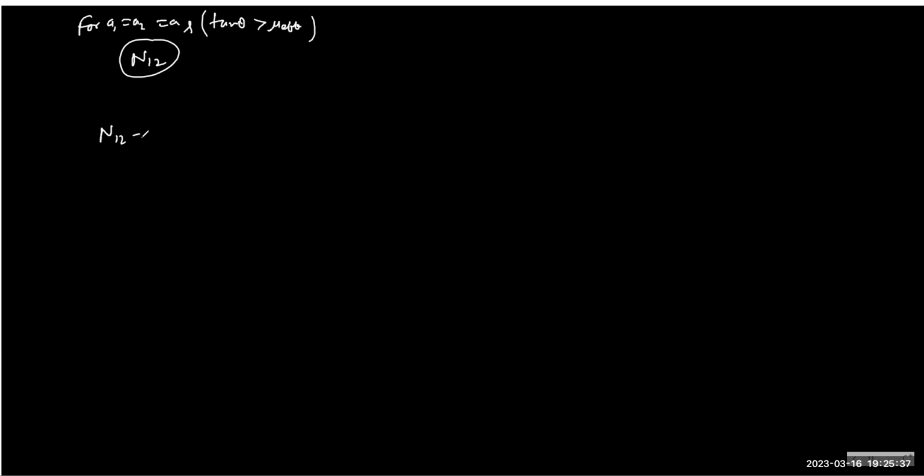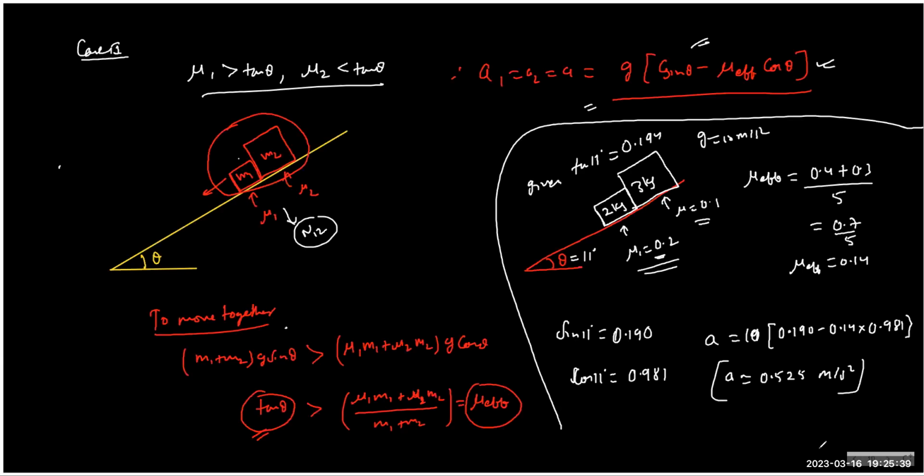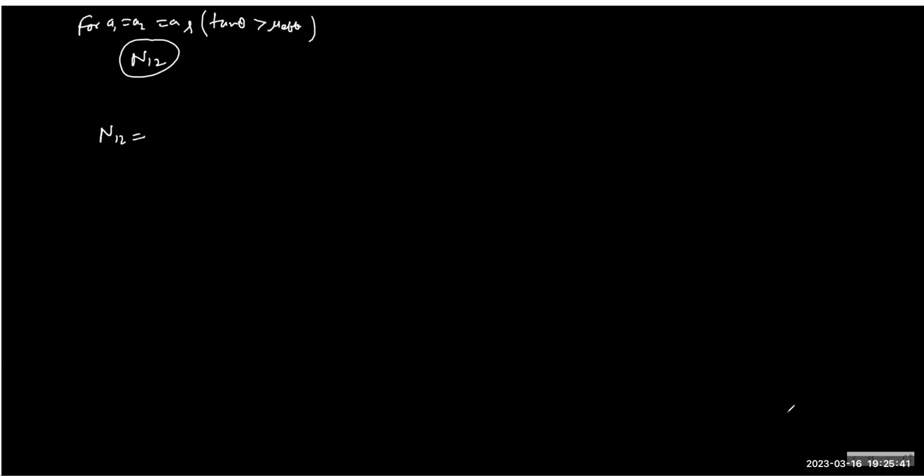M1g sin theta minus mu mg cos theta plus N12 equals M1 into A. A, what you got? I'm getting M1g cos theta into mu1 minus mu effective.